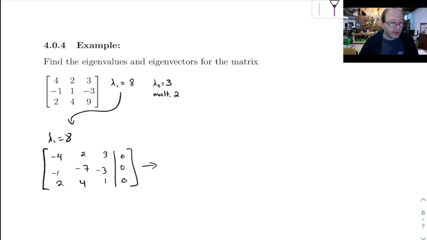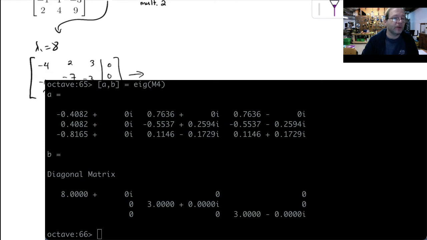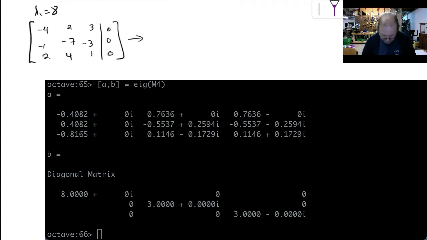And I think I'm going to want to tone Octave down a little bit. Nah, there's plenty of room to see it. Well, let's see. Let's call this M. We have minus 4, 2, 3, 0, negative 1, negative 7, negative 3, 0, and 2, 4, 1, 0.